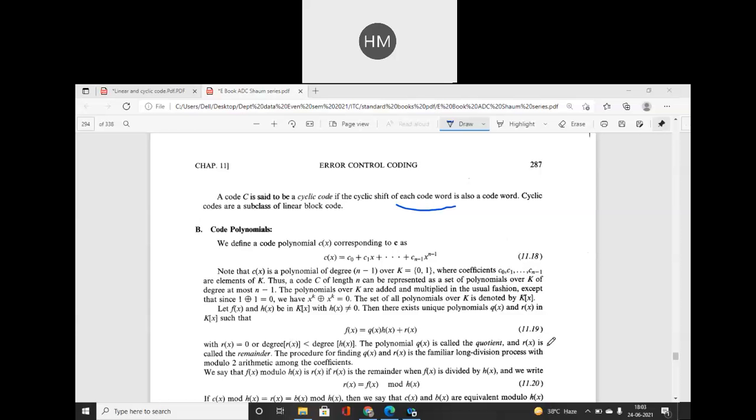You can write that a code C of length n can be represented as a set of polynomials over k of degree at most n minus 1. So what will be the degree of that polynomial? At most it is n minus 1. Okay, similarly the same concept will be there. The polynomials are added and multiplied in the usual fashion. Okay, this 1 XOR 1 is always 0. Okay students, the same concept will remain the same.